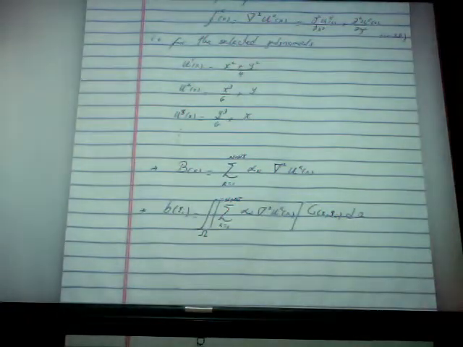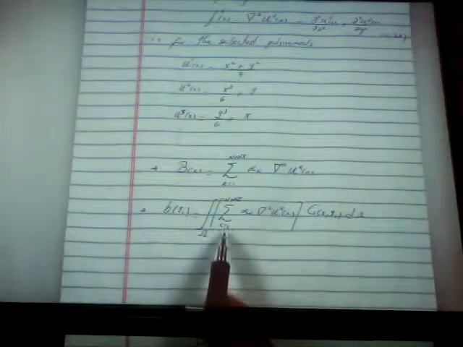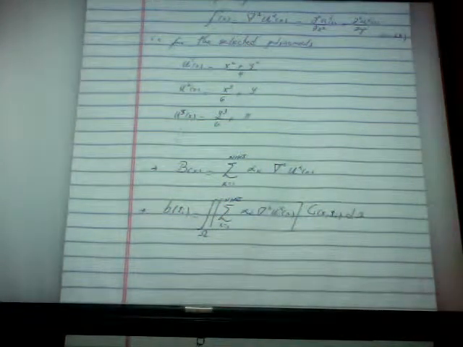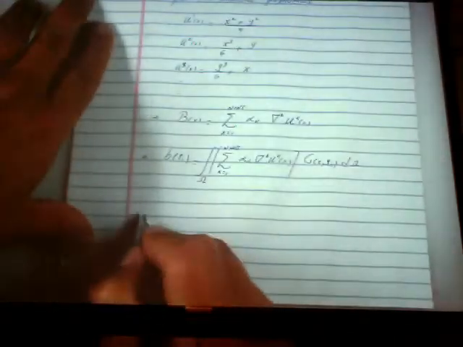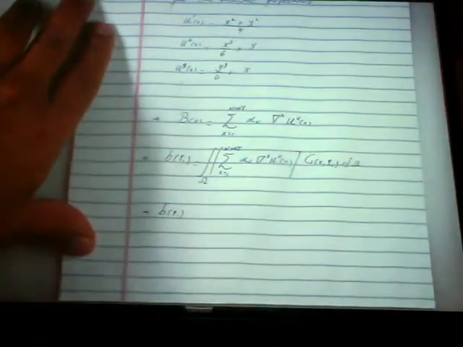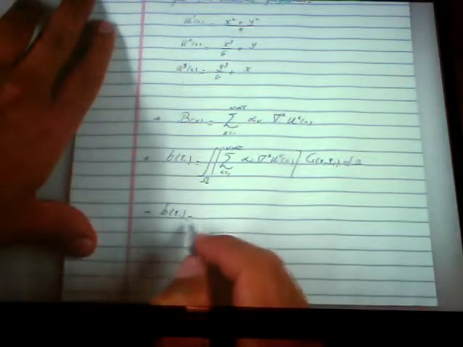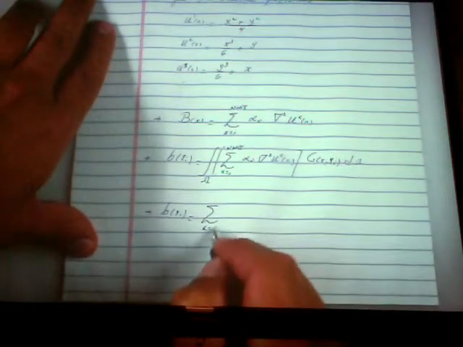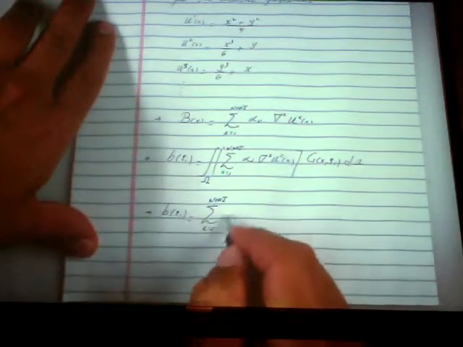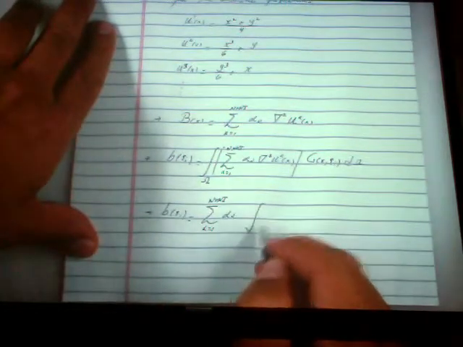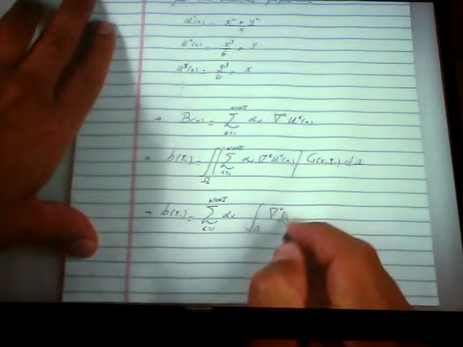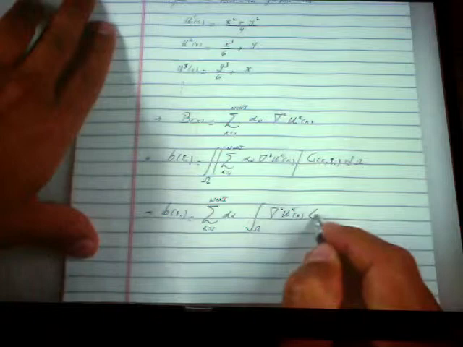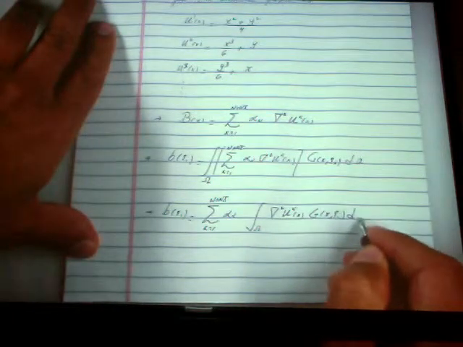The integral of a sum is the sum of the integrals, and the alphas are constants, so we can take them out. So basically we can say that b of psi is equal to the summation from k equals 1 to n plus ni of alpha k times the integral of the Laplace of uk times g of x, psi i, d omega.